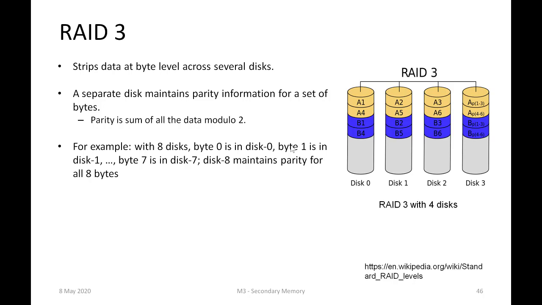So the first 7 disks will have 7 bytes and the 8th disk will have the parity of all the 8 bytes. Now if we want a block of data, let's say 64 bytes of data, what RAID 3 demands is we go and access all the disks to get the information.